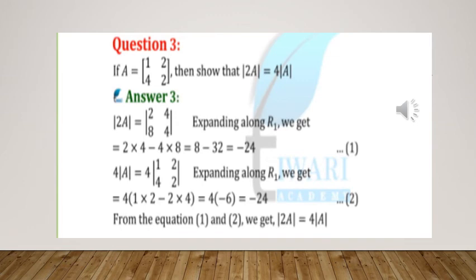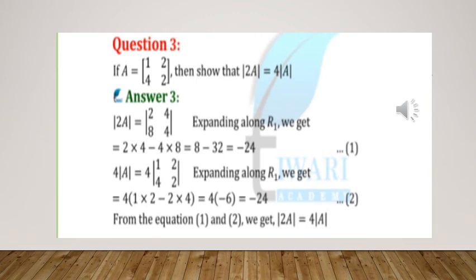Then this is a 2 by 2 determinant only. So 1 into 2, 2, minus 2 into 4, 8. So 4 into negative 6 is equal to negative 24. Now from equations 1 and 2, we get determinant 2A is equal to 4 into determinant A.